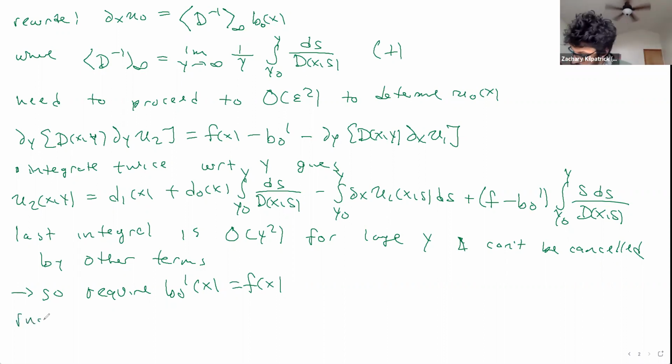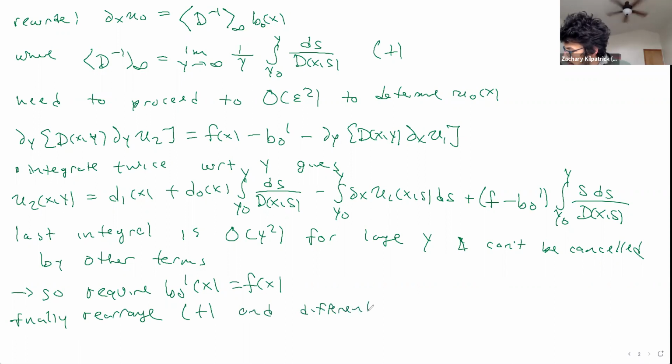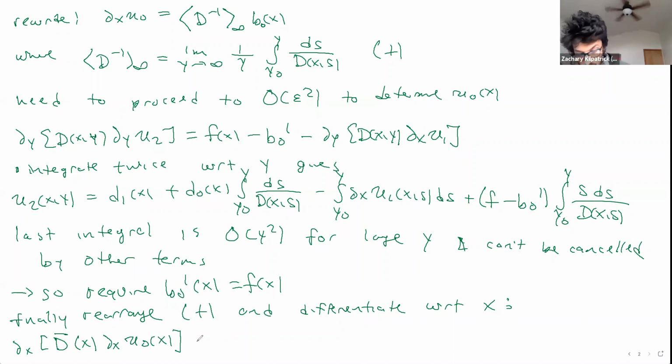So finally, we're going to rearrange the expressions that we have in dagger here and differentiate with respect to x, and we get the following equation: dx of d bar of x, now is going to be our averaged equation, dx u0 of x is equal to b0 prime of x, which is equal to just f of x.